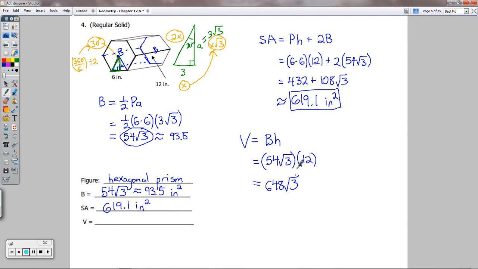That would be an exact answer, and then an approximate answer. Take that, multiply it in a calculator, and it looks like we would get 1,122.4. So 1,122.4, and this would have been inches squared here. This is volume now, inches cubed instead.